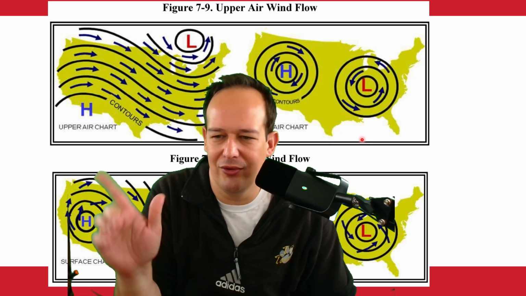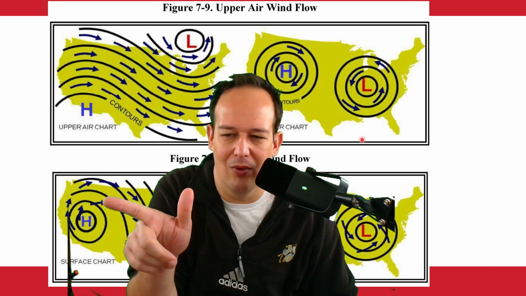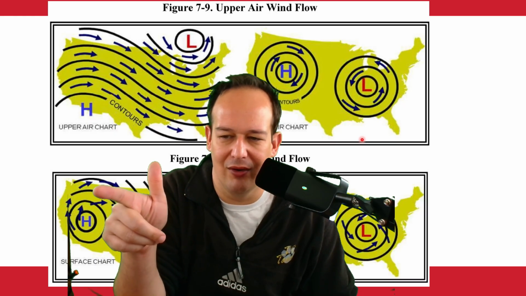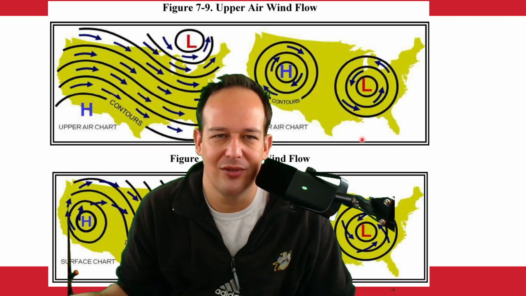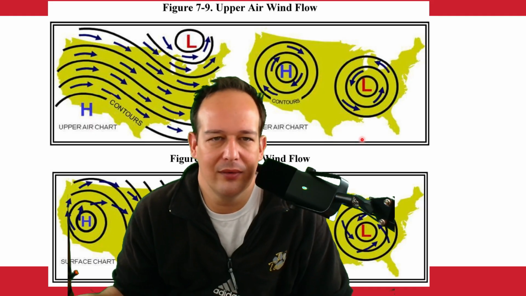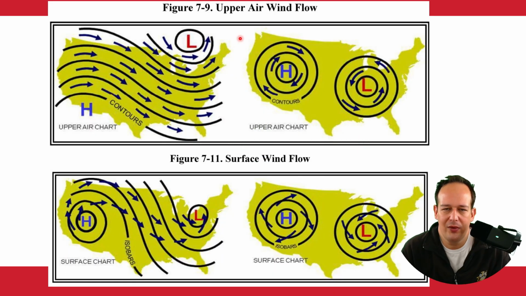There are some tricks using your hand, but that's just too confusing, and I like the football reference. So that's how air flows in an area of high pressure, downward, outward, and clockwise, whereas air in an area of low pressure flows upward, inward, and counterclockwise.